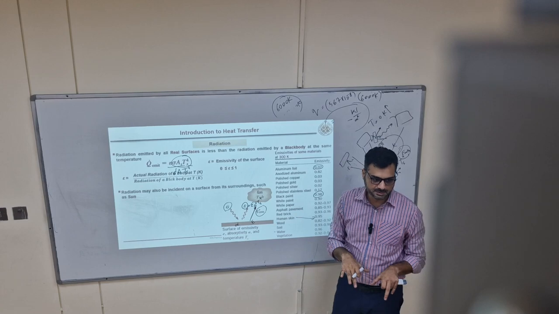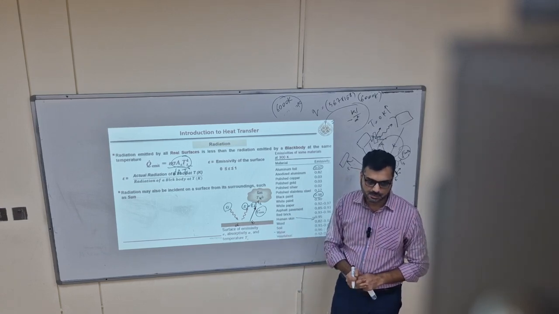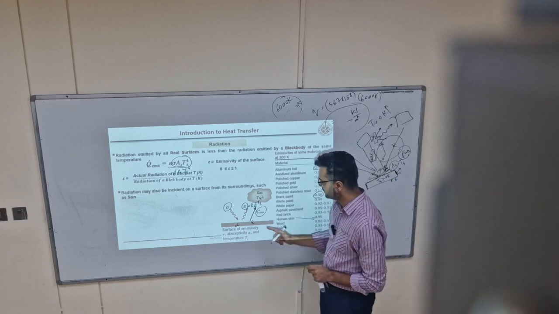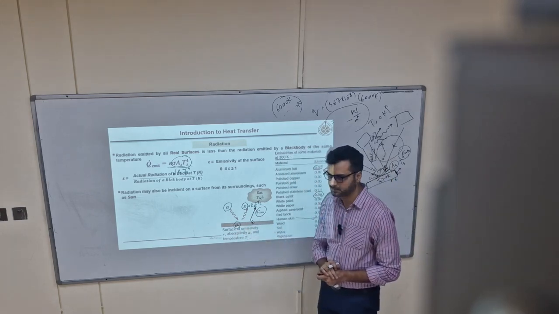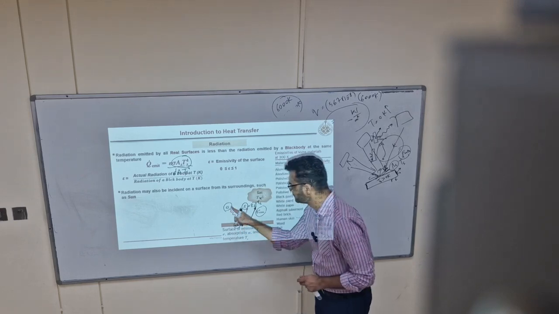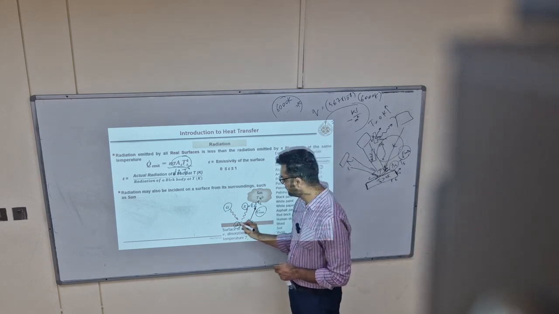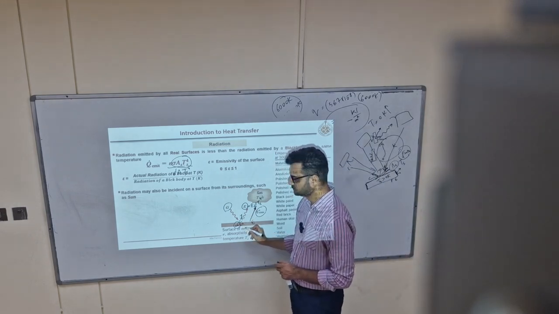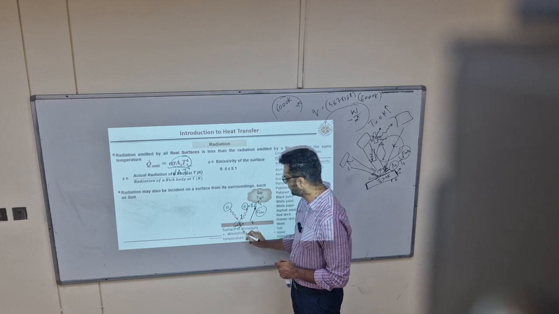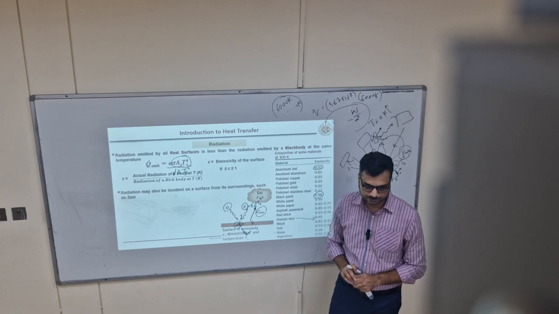But all real bodies will absorb less than a black body. So for that, we use the term alpha. So how much will be absorbed here? Alpha into G. The rest either will be reflected or transmitted if it is transparent material.